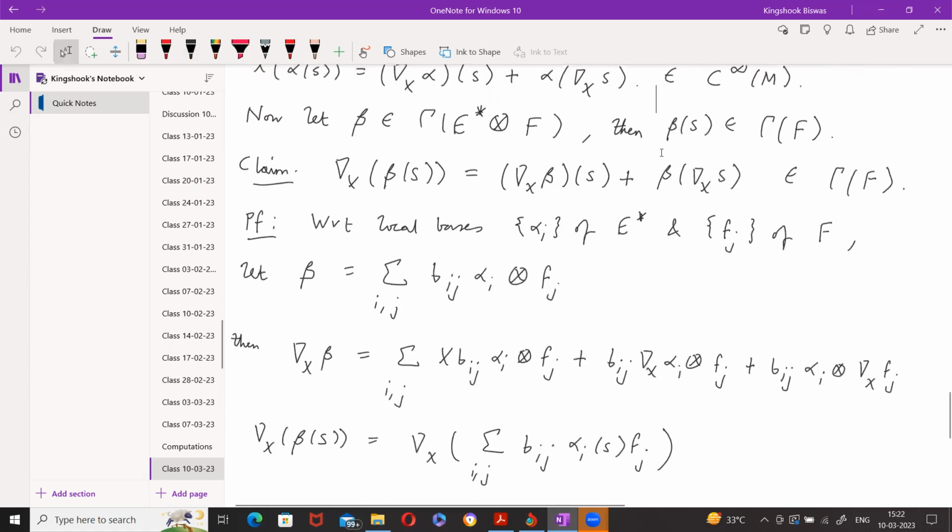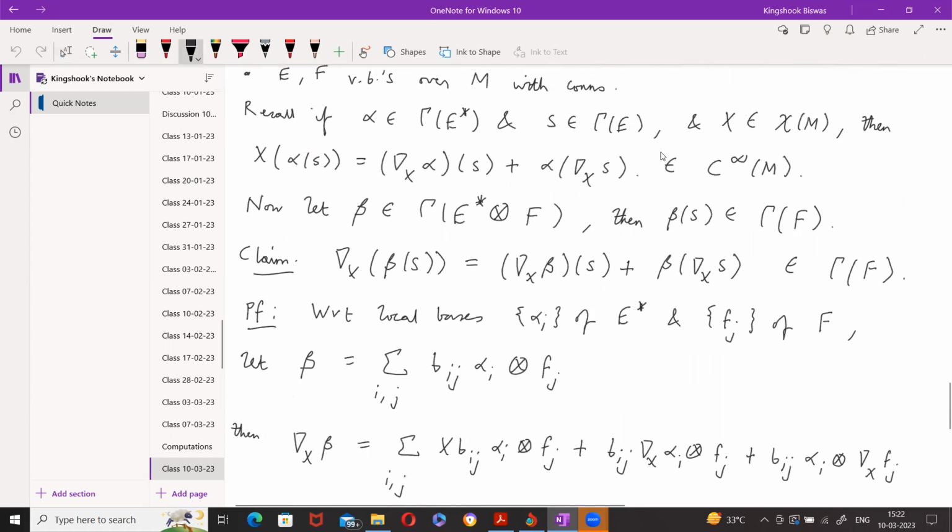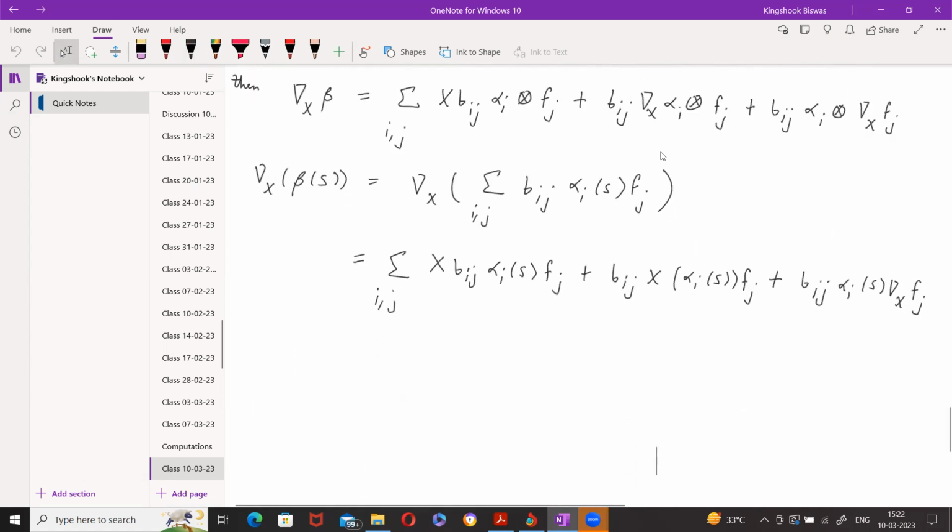dual bundle, right? This original Leibniz rule: x of alpha S is nabla x alpha S plus alpha nabla x S. So we can use that down here, so we can expand this term into two more terms.